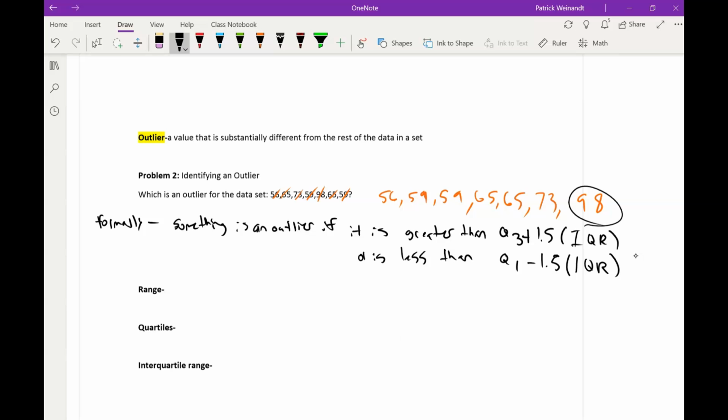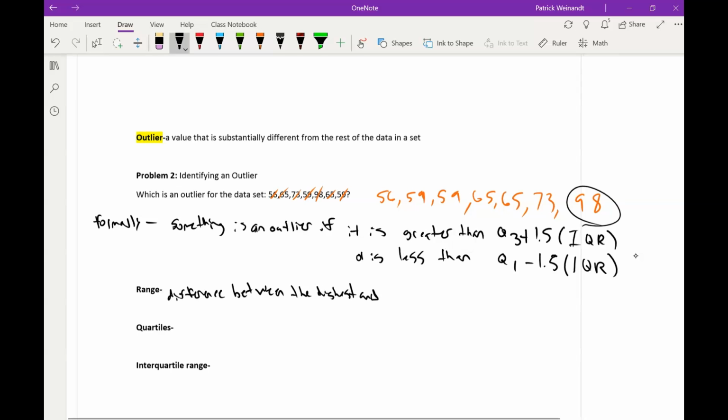Okay, you might recall range is just the difference between the highest and lowest values in a set. Quartiles are something that divides data sets into 4 somewhat equal parts by applying medians.